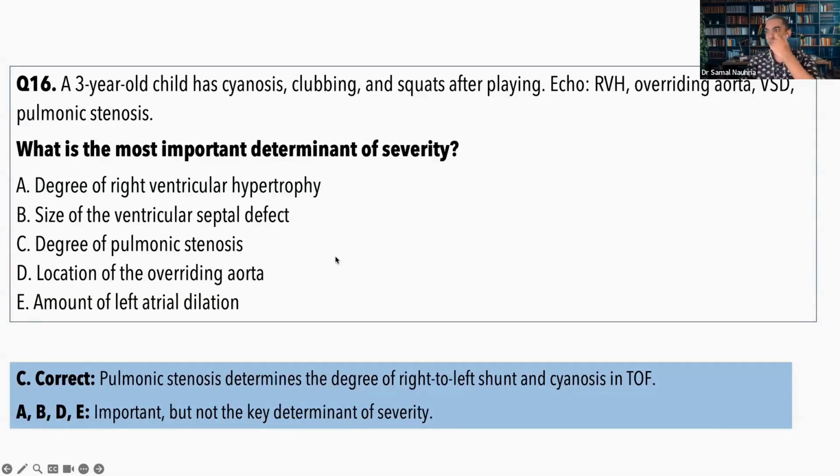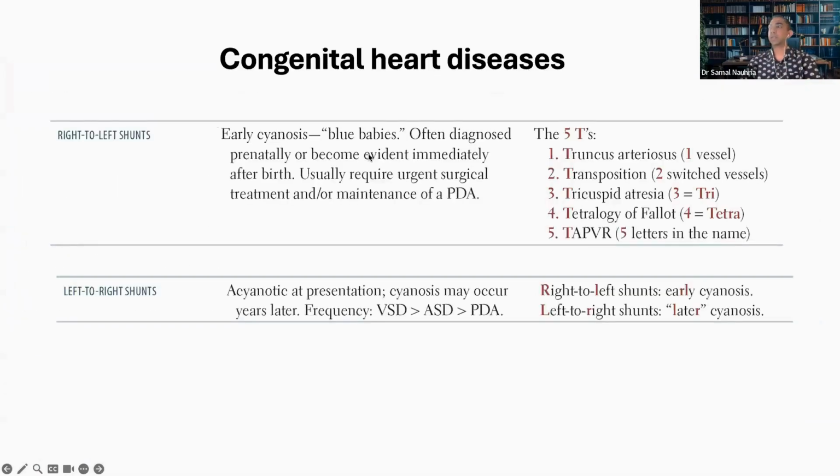Let's discuss more about this now. This is something that you learn, what are the right to left shunts and what are the left to right shunts. Right to left shunts will cause early cyanosis or blue babies, simply called cyanosis. One concept before we get into more details.